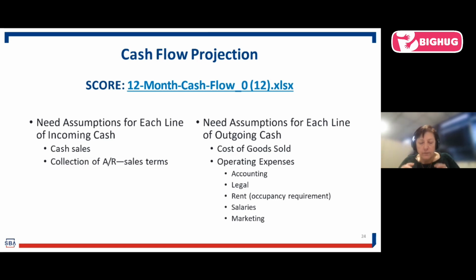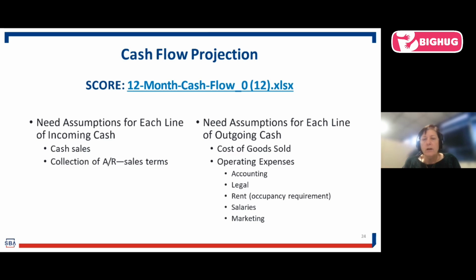Cost of goods sold, focus on your vendors, your pricing, and also when they're going to let you pay. Are they cash on delivery, cash up front, or are they going to give you 30-day terms, 60-day terms, 90-day terms? So these are things you want to talk about. Again, your operating expenses, those are the repetitive things.